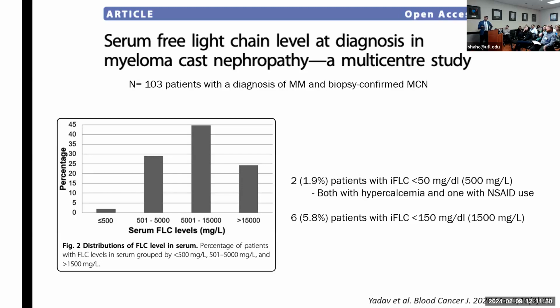They identified that only 2 patients had light chain levels less than 50 milligram per deciliter, meaning it is very, very rare to develop light chain cast nephropathy when the burden of light chain is so low, below 50 milligram per deciliter. They further discussed that if it is less than 150 milligram per deciliter, the probability is still low, around 5.8%. But the probability of having light chain cast nephropathy is exponentially higher when the level is more than 150 milligram per deciliter at presentation.